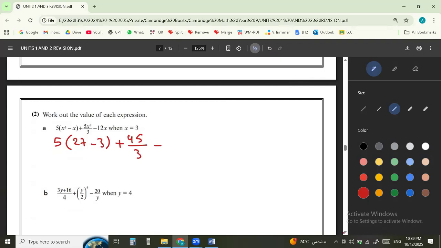What is 12 times 3? 36. Let's simplify more. This would be 5 times 27 minus 3, 24, plus 45 over 3, 15, minus 36, equals 5 times 24 is 120, plus 15, 135, minus 36, 99.